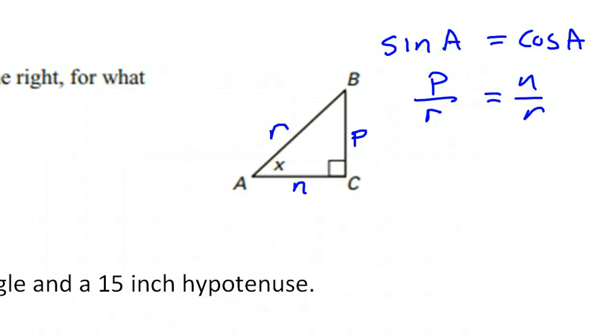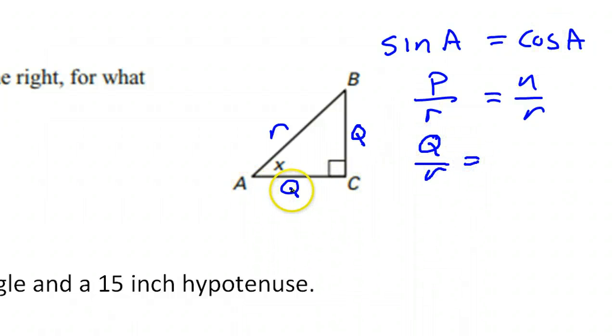So let me call them q and q. They'd have to be the same. So in that case, sine would be opposite over hypotenuse, so that would be q over r.